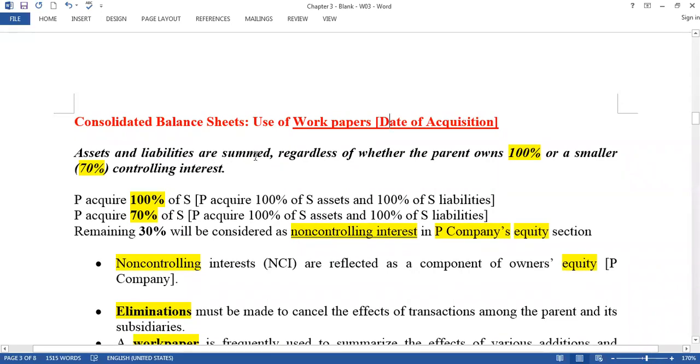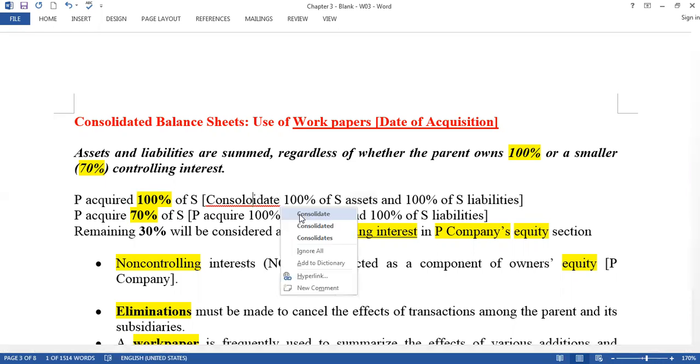Assets and liabilities are assumed regardless whether the parent owns 100% or a smaller controlling interest. So this is an important assumption. Parent company acquired 100% of S. So we have to consolidate 100% of S company's asset and 100% of S company's liability.